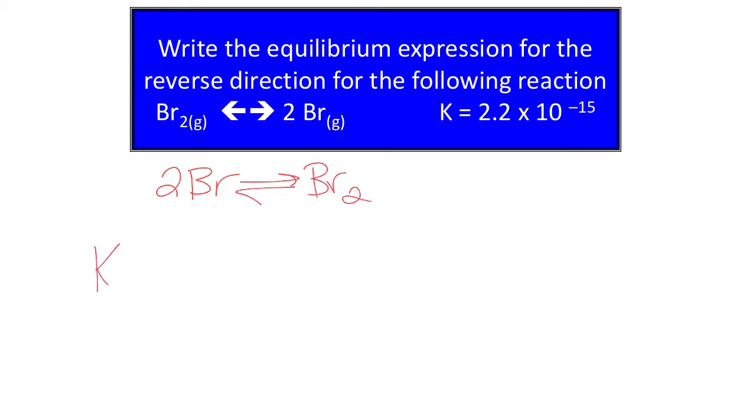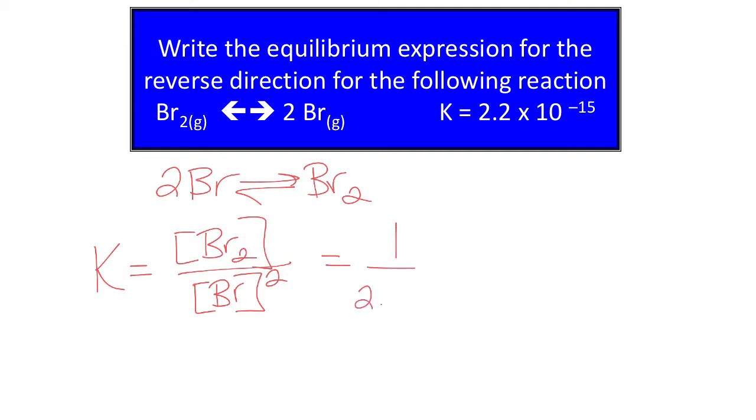So my new K would be Br2 over the concentration of Br squared. We don't have the concentrations, but we do have K. And since I flipped the reaction, I'm doing the reverse of it, I would take the reciprocal.